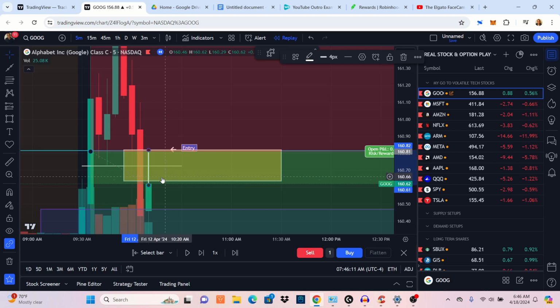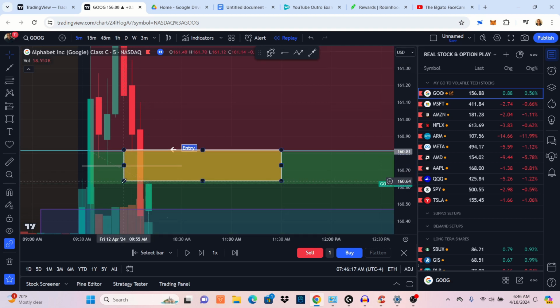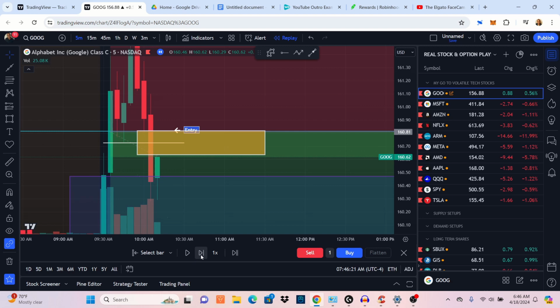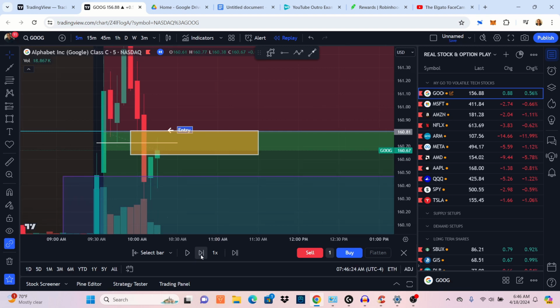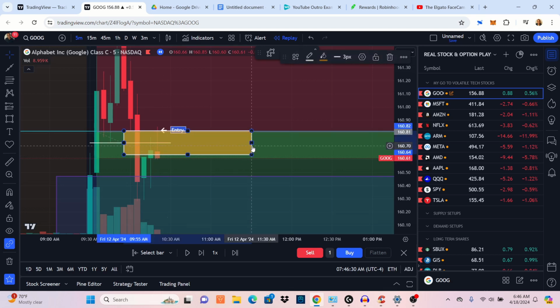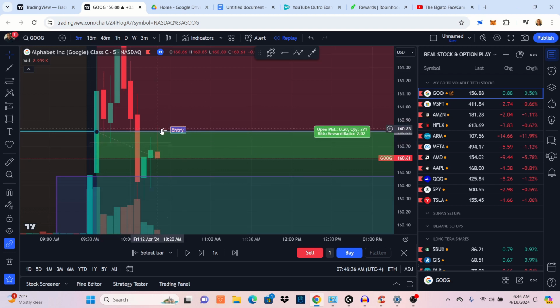So now with that being said, take a look at what happens next. Okay, I'm going to go to the next one. Wait for it, and then boom, this is your zone right here. So I'm going to take this out. So it has filled this gap. Now, at that time of entry, I had entered as soon as it hit this gap.